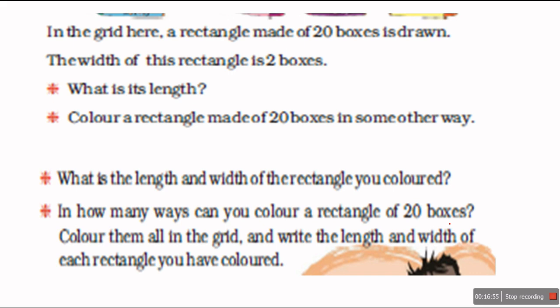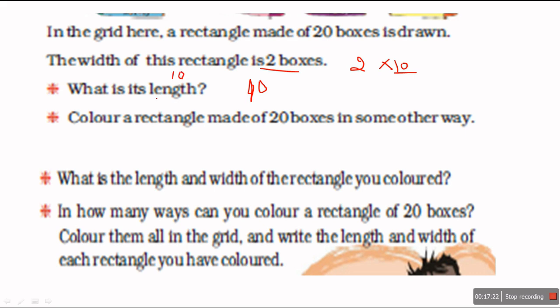In the grid rectangle made of 20 boxes, we have done this. If the width of the box is 2, the length will be 10 centimeter, because 2 into 10 is 20. So 2 is the width, and 10 is the length of the rectangle.